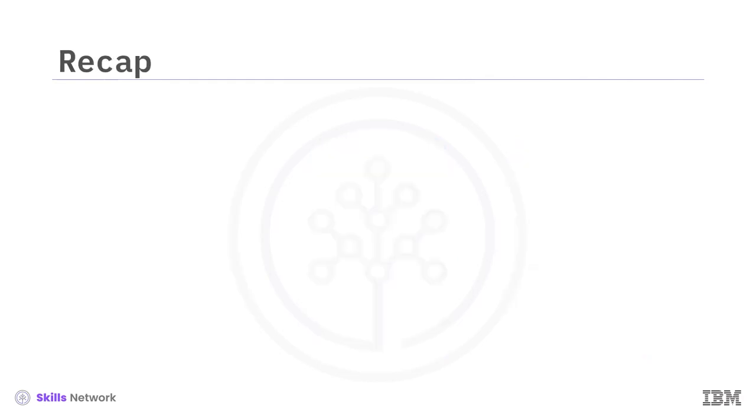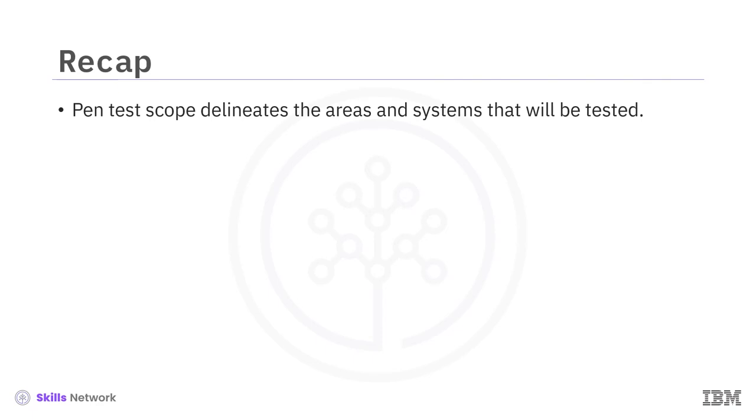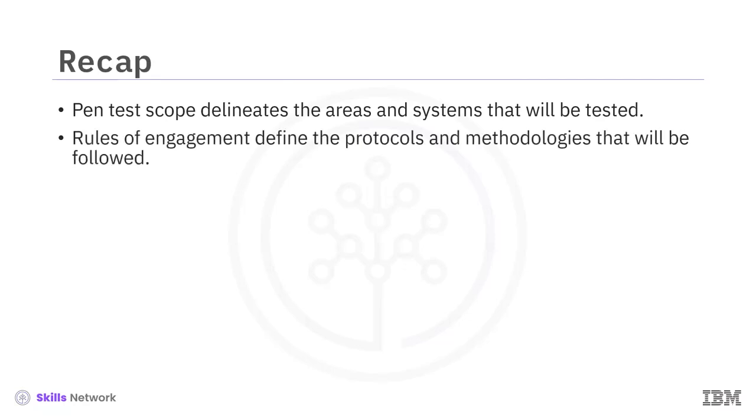In this video, you learned that the planning phase is defined by the pen test scope and rules of engagement. The pen test scope delineates the areas and systems that will be tested, while the rules of engagement define the protocols and methodologies that will be followed to safeguard against any potential disruptions during the testing process.